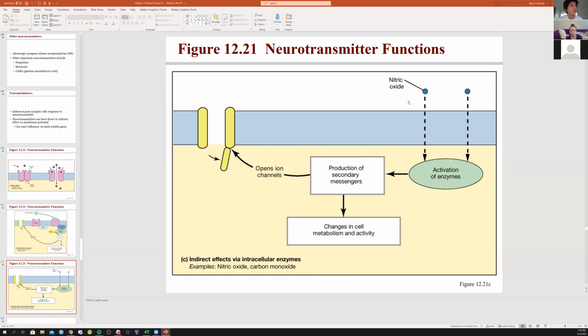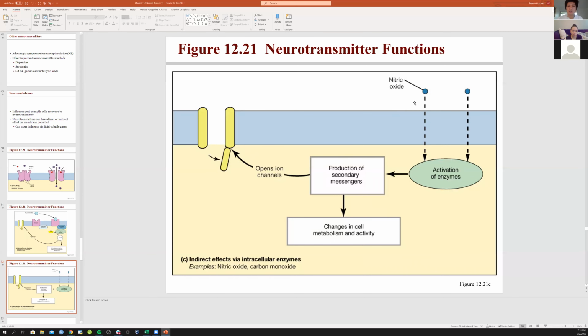Nitric oxide is another neurotransmitter. Nitric oxide can readily cross the plasma membrane. It doesn't need a receptor. The reason why neurotransmitters need receptors and ions need channels is because of the lipid bilayer. They can't cross it, they have a charge. That's why they need receptors.